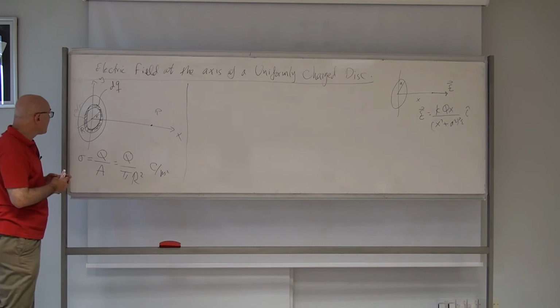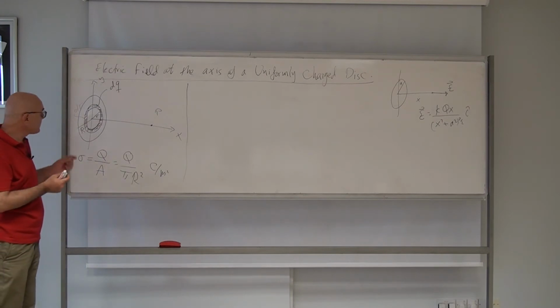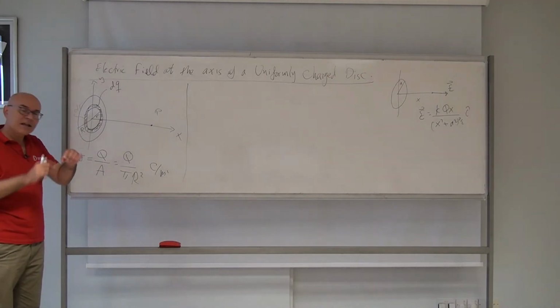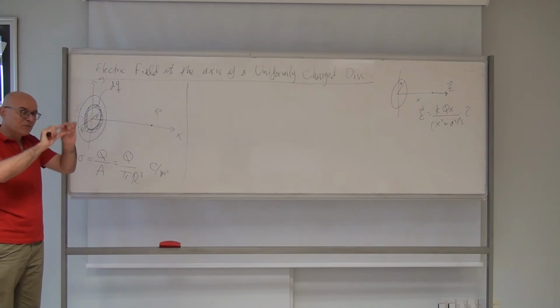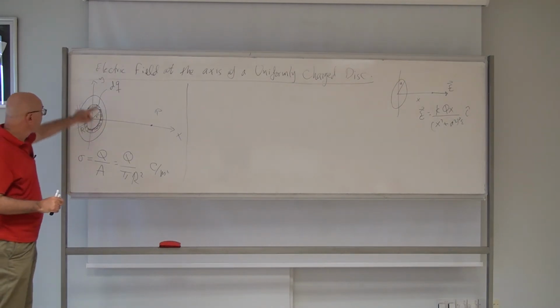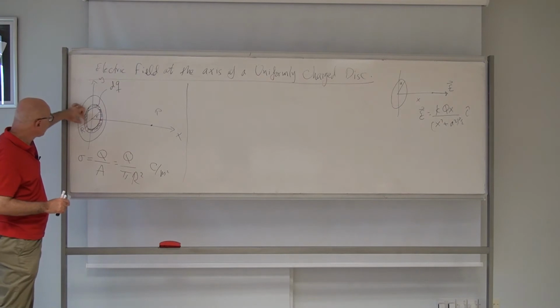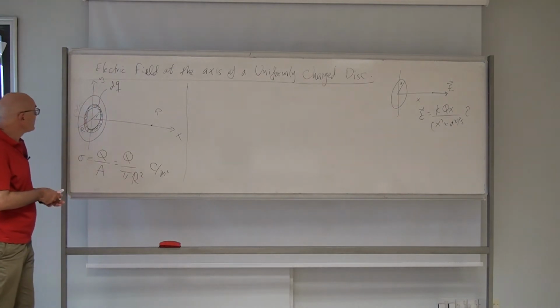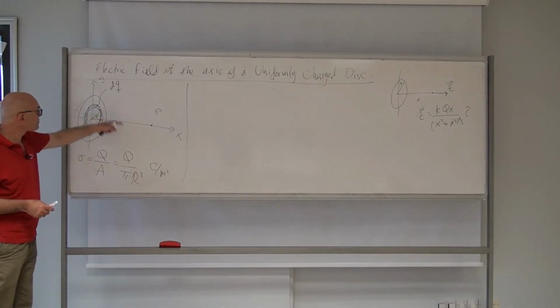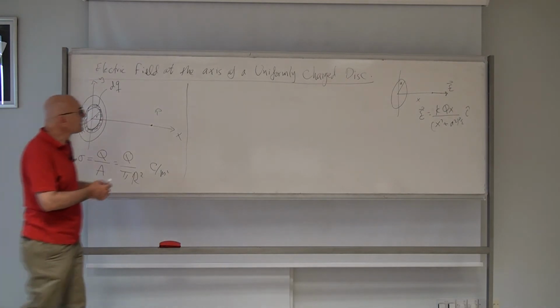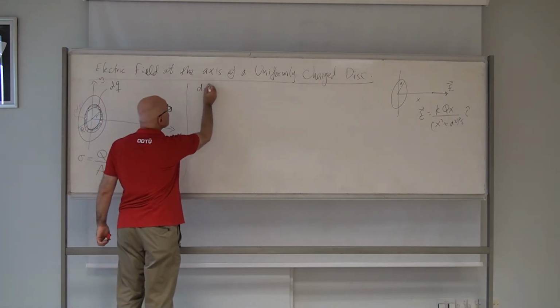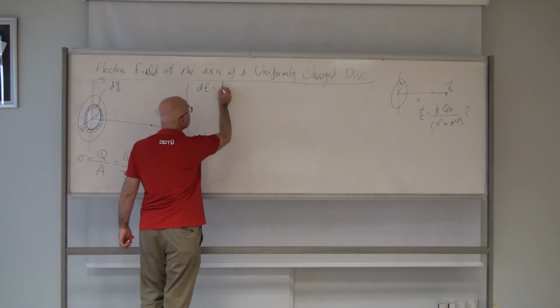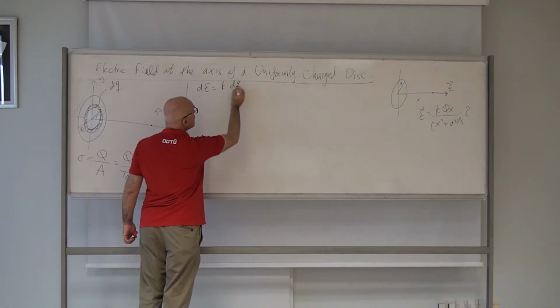You can think of it as a ring, but not of zero thickness. It's like a strap that you bring into the form of a ring, so it has a given thickness, and this is your dq. The electric field dE of this dq is k dq.